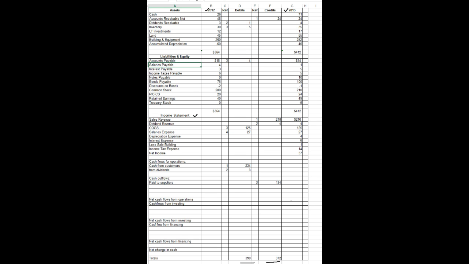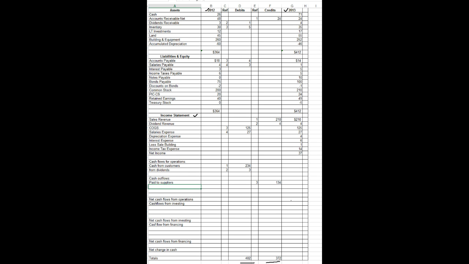It went from 4 to 1. Since this is a credit balance going down, I need to debit it for 3. I am on my 4th transaction. So I have a debit of 3, salaries payable going down. I have a debit of 27, salary expense.